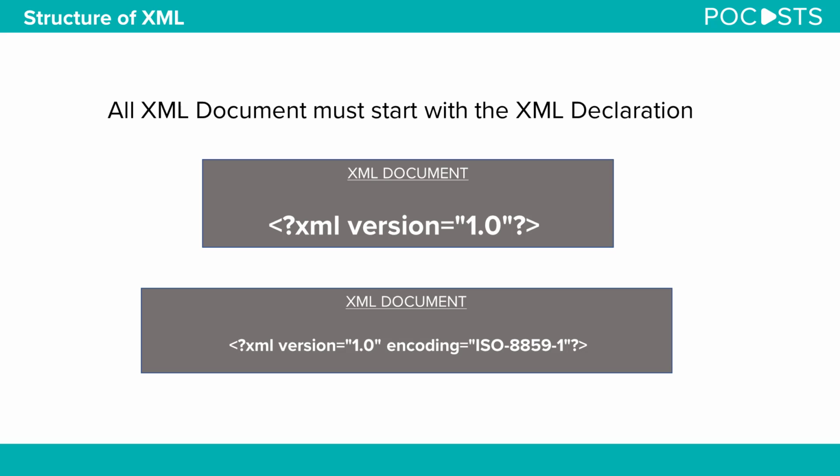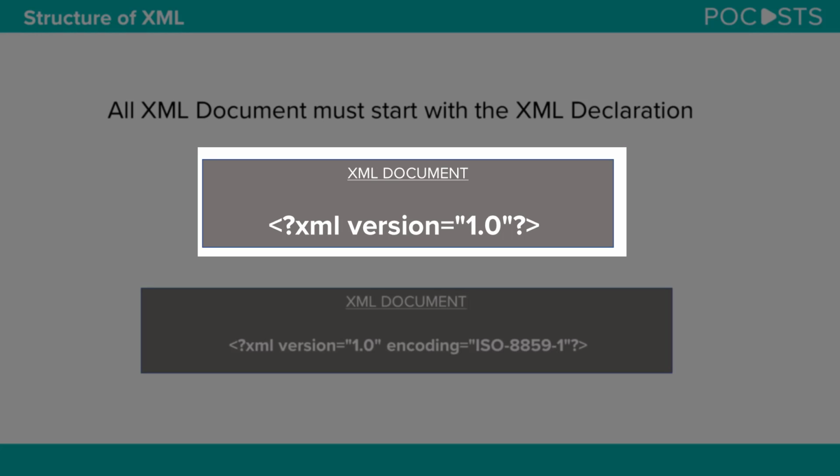When you're writing an XML document, this is the line, as shown here: less than symbol, question mark, xml version, and ending with a question mark and a greater than symbol. That should be the first line in the XML document. If you don't write this line and try to directly write the tags, the XML will error out, because the language specification requires you to start with an XML notation.